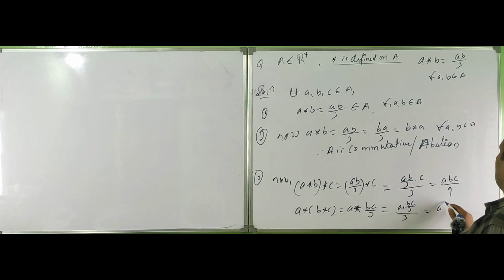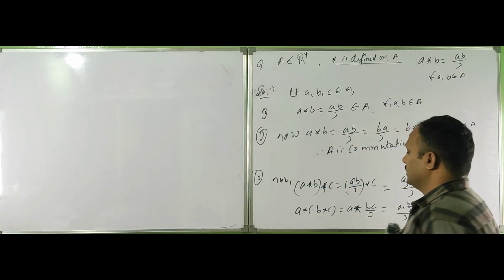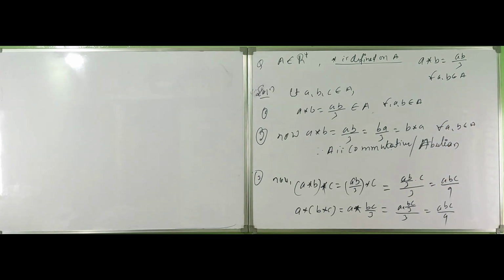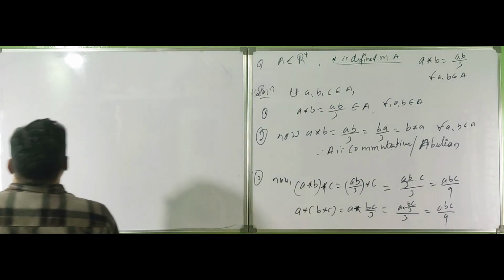This becomes ABC by 9. Both (A star B) star C is equal to A star (B star C). Therefore, this is associative. Find the identity element.